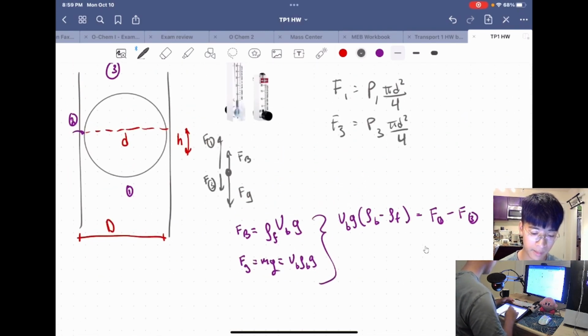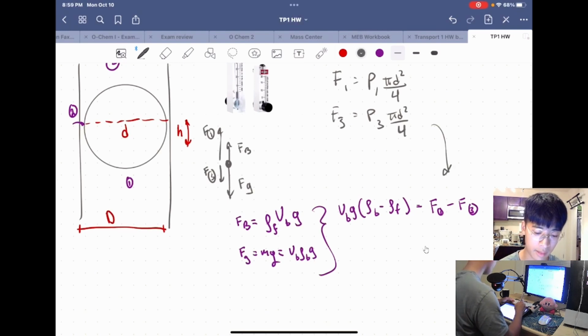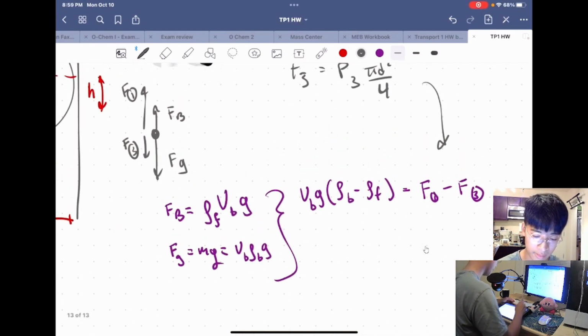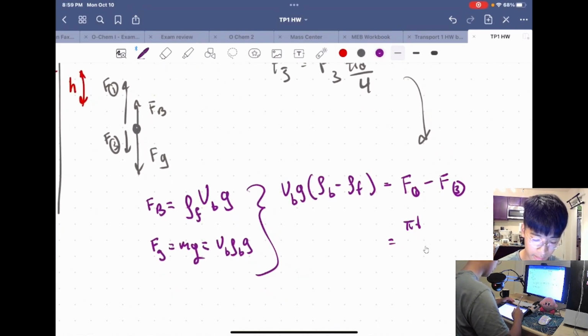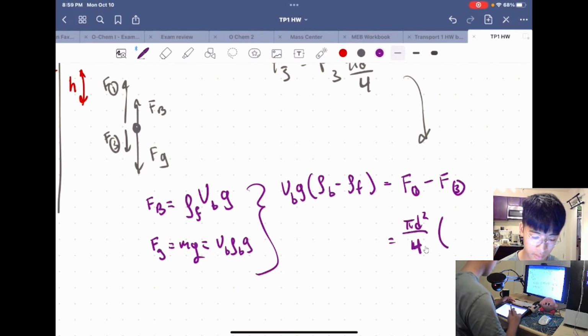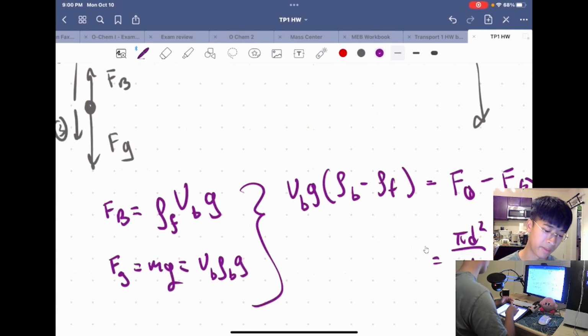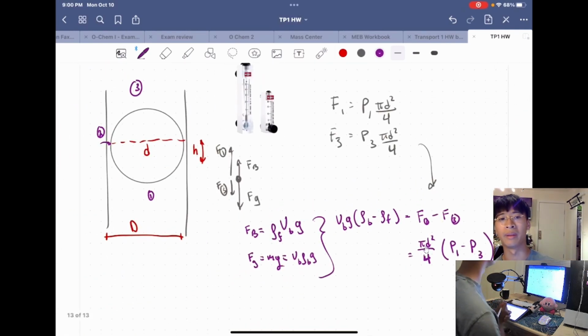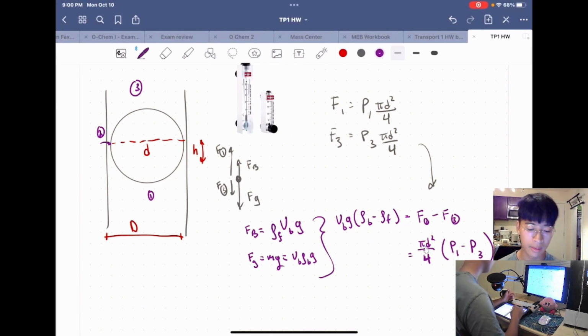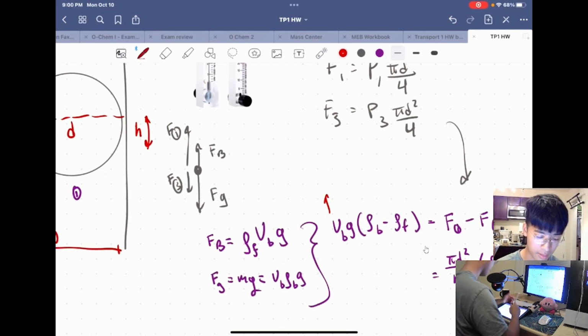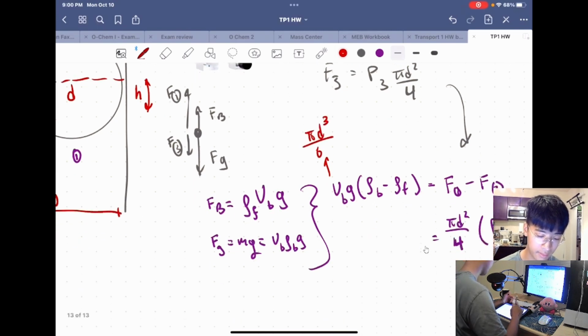Now we can plug that in here, and again, factor out what you can. So this is equal to pi d squared over 4 times (P1 minus P3). You notice that the volume of the ball can be represented in terms of diameter as well. This is a different formula; I believe it's pi d cubed over 6.